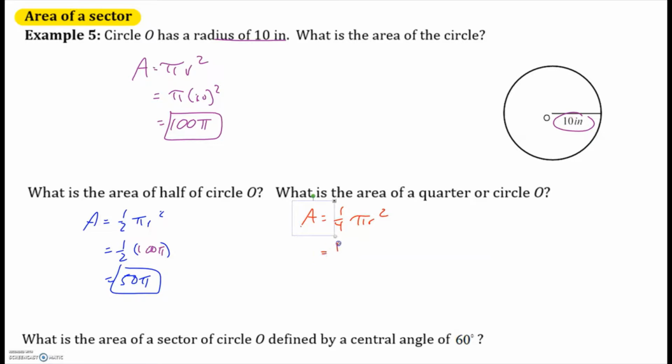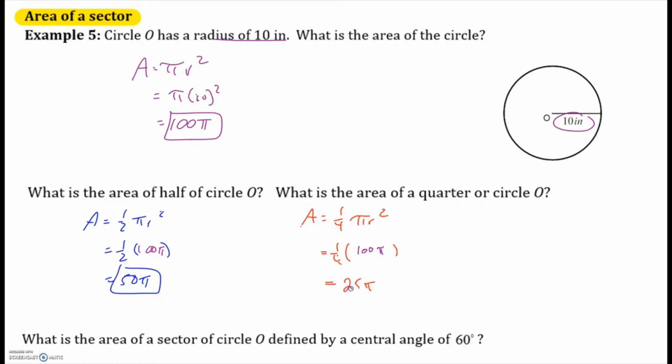So that would be 1/4 of what we already know to be 100 pi. It's just simply taking what you know and multiplying by the fractional part. So this would be 25 pi.